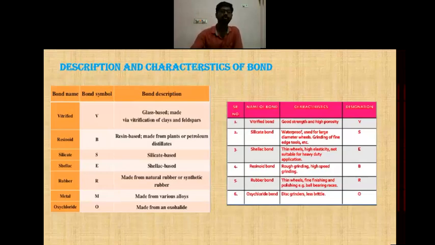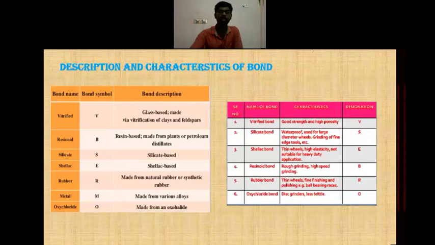For example, if you see the vitrified bond, it is generally denoted by the V symbol, and the bond description is that it is glass based, made with vitrification of clays and feldspars.